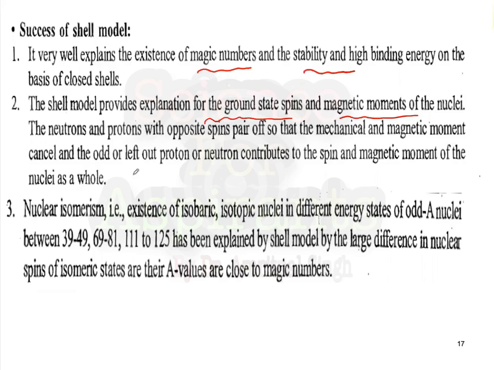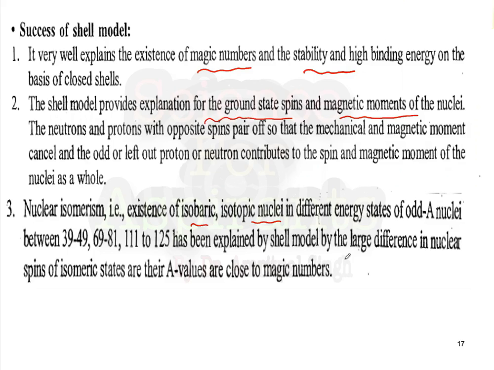And third, it successfully explains nuclear isomerism. Nuclear isomerism is the existence of isomeric nuclei present in a particular energy range. That is why some nuclei have a large number of nuclear isomers as compared to their neighboring nuclei. So these are some of the success points of the shell model.